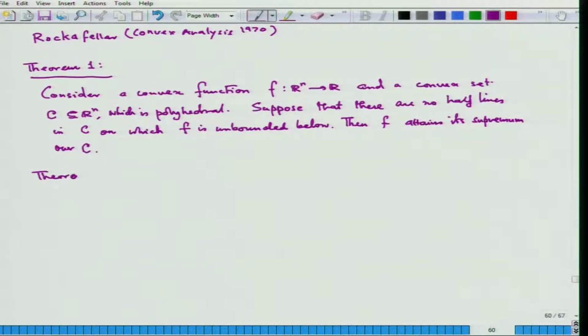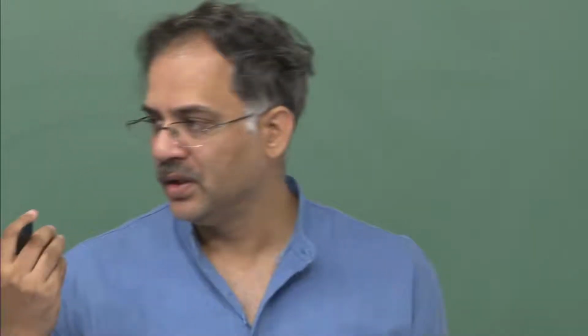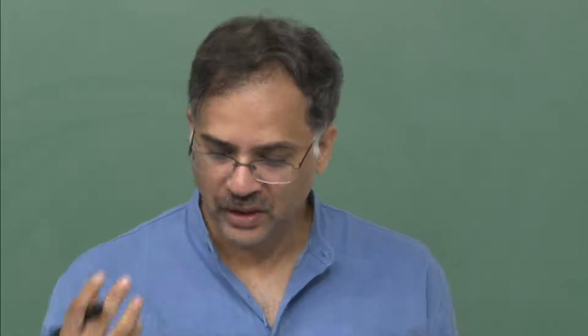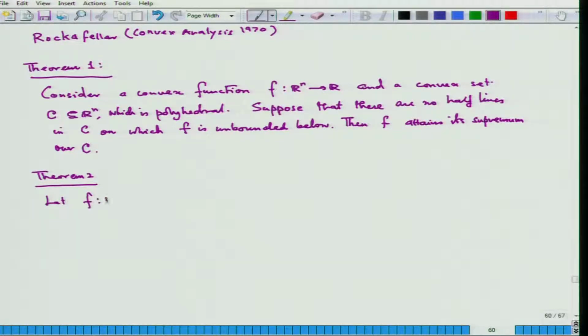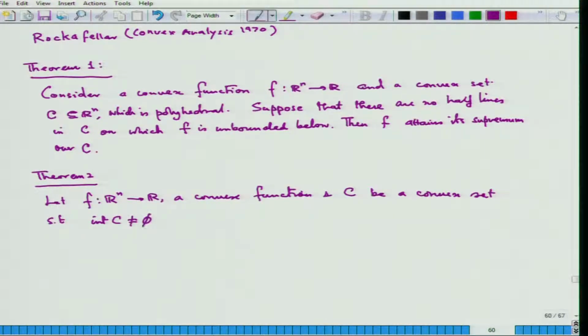These are very fundamental results about maximization of convex functions: if you have a convex function on a convex set and it attains its maximum at a point in the interior, then the function must be constant. So, let f from R n to R be a convex function and C be a convex set such that the interior of C, or int of C, is not equal to phi.